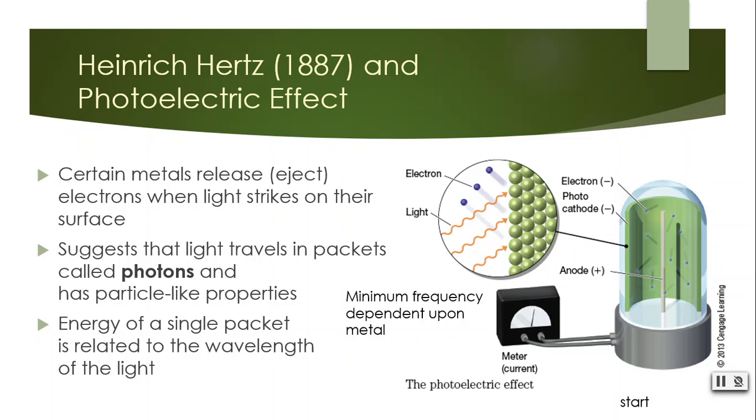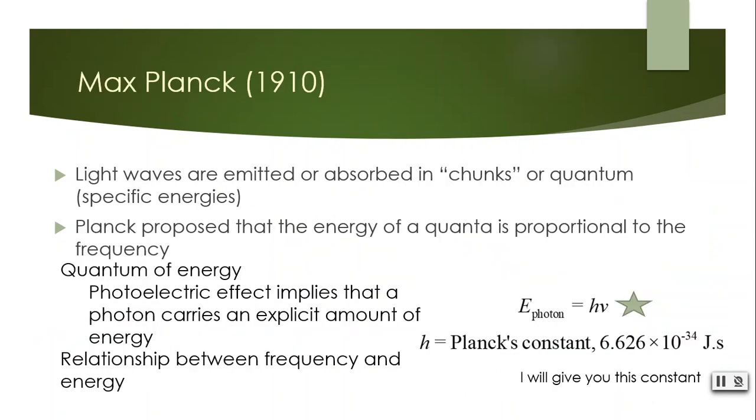And so we can take that observation, which is what Hertz and specifically Max Planck did, took that observation and was able to derive an equation that related the energy of a light with regards to its frequency.